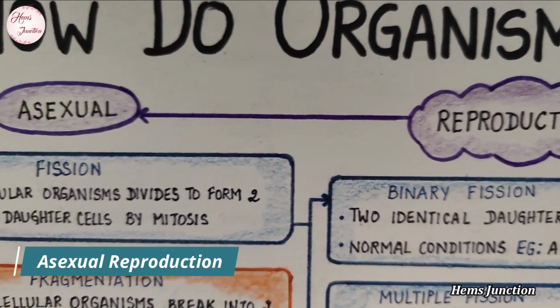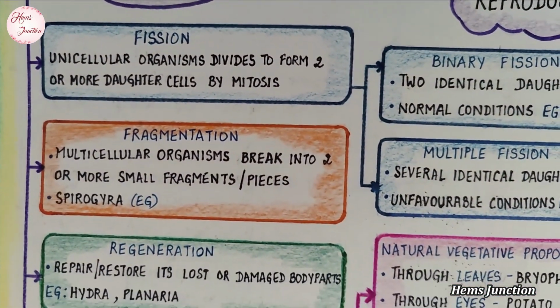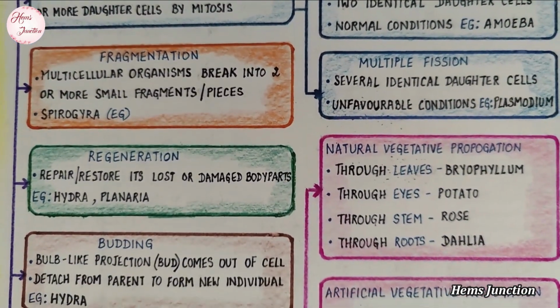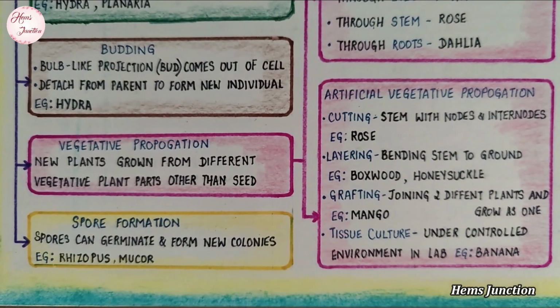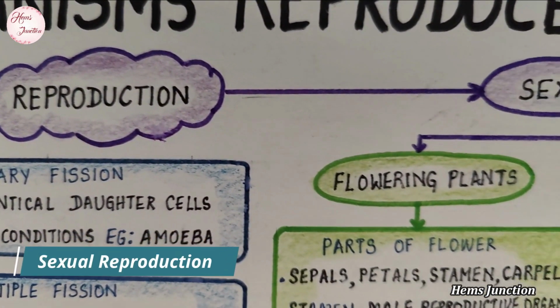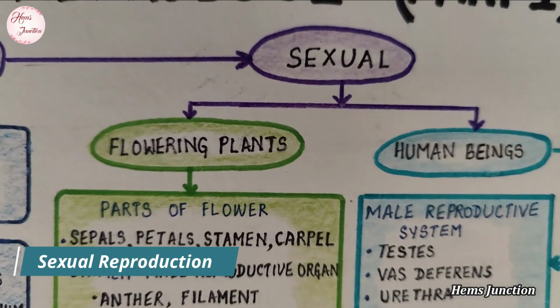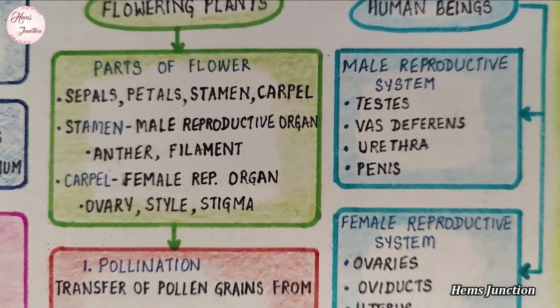Asexual reproduction involves single parent and produces offspring that are genetically identical to the parent. Sexual reproduction involves two parents, male and female, and produces genetically unique offspring.